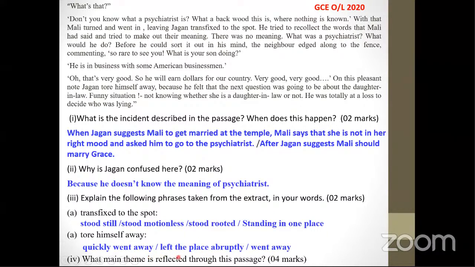What main theme is reflected through this passage? So what is the main thing coming here? Think for a while. Look at the content.